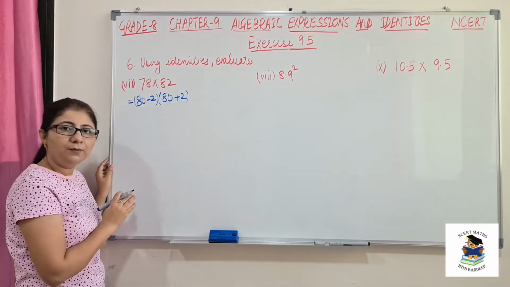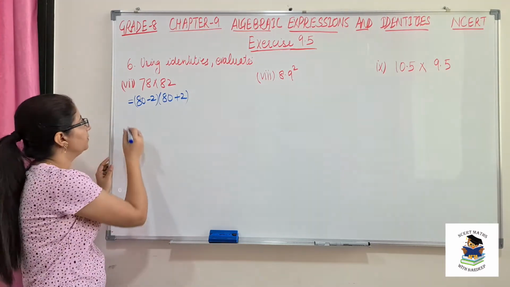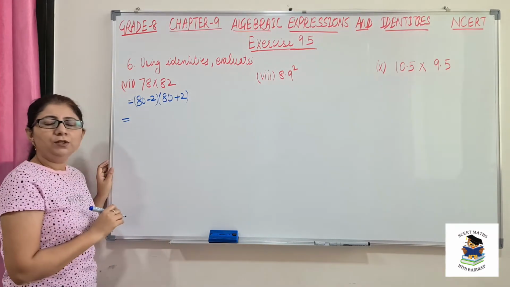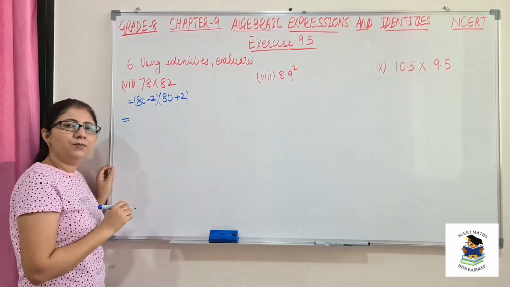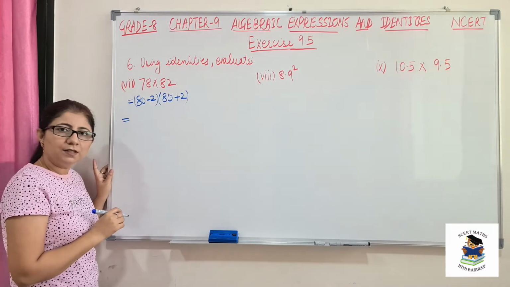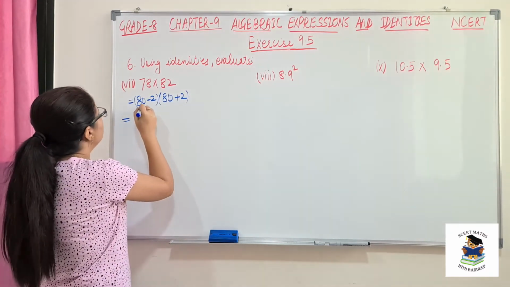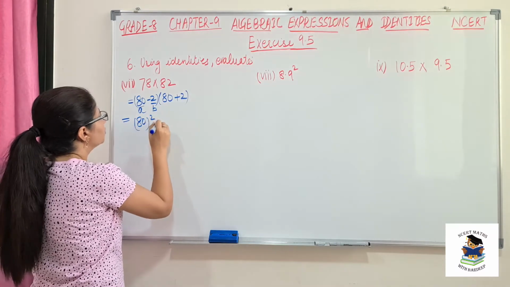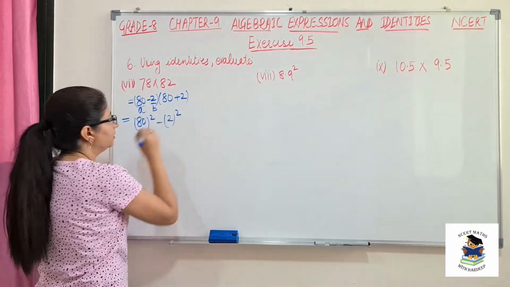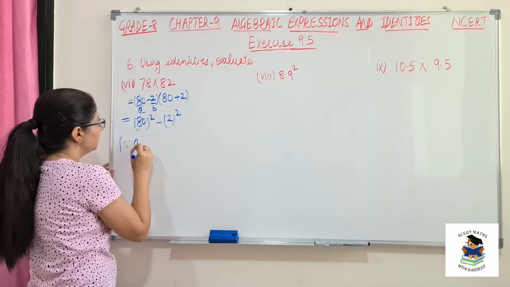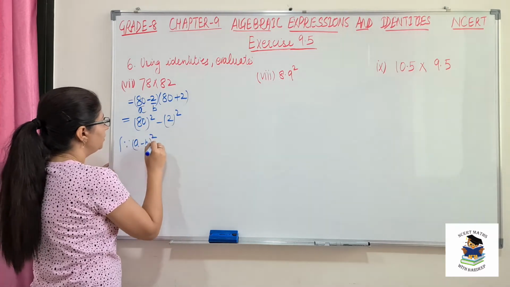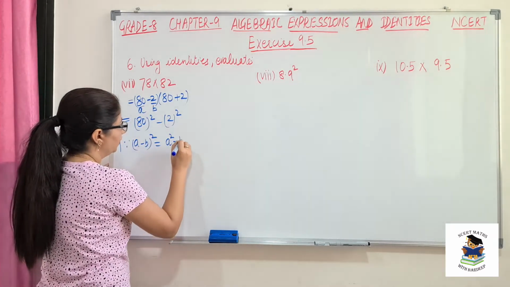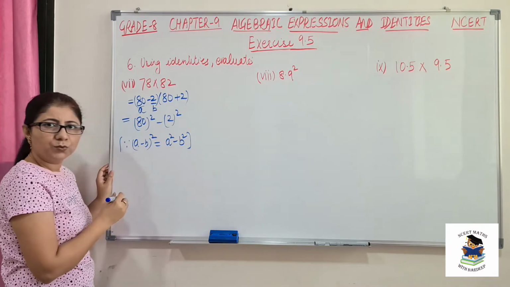So we will use a minus b into a plus b. So what is a minus b into a plus b? First term square, that is a square minus b square. So this is a, this is b, and it should be 80 square minus 2 square.